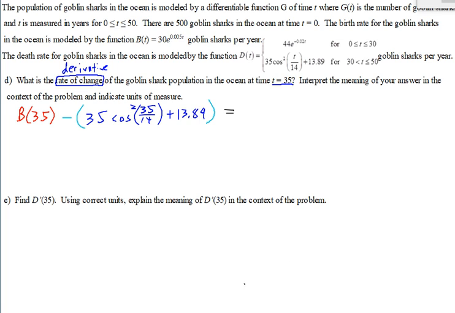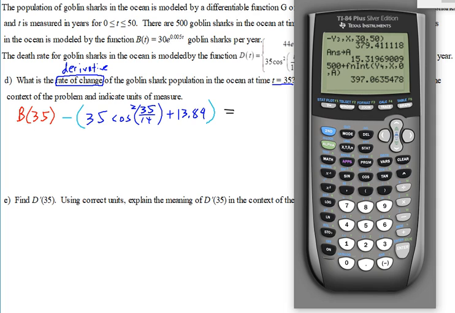So let's start with 84 again. So here, this B was y1, so I have to go as, actually, you could go, let me show you a couple different ways. Y1 of 35 minus, this was y3, so y3 of 35 gives you negative 0.617 if we run it.